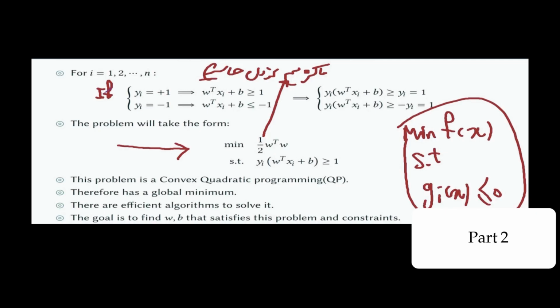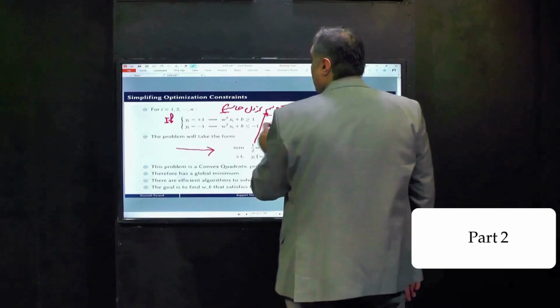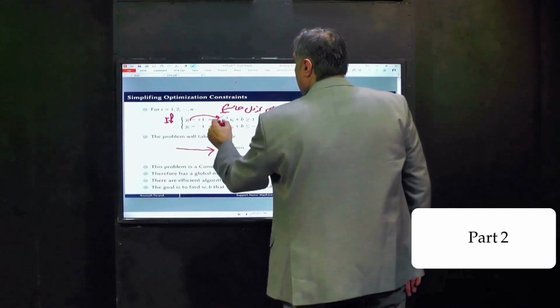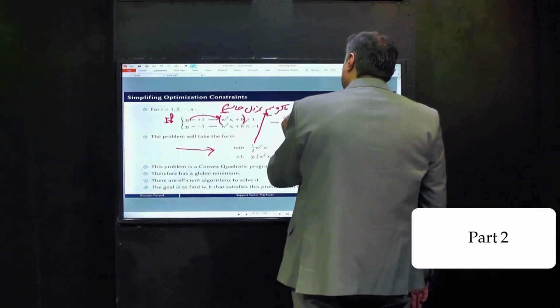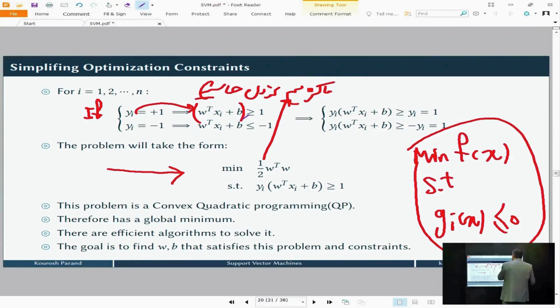I'll highlight it in yellow here, so it becomes Y in this yellow part. So overall, W transpose X_i plus B is greater than or equal to Y_i, and Y_i is 1, so it all works out.